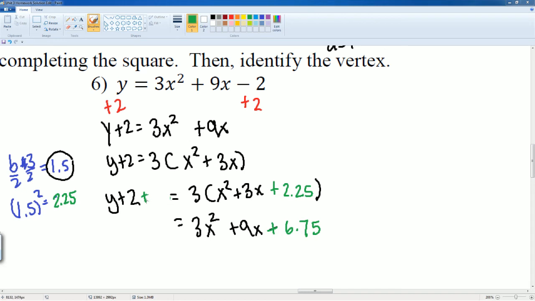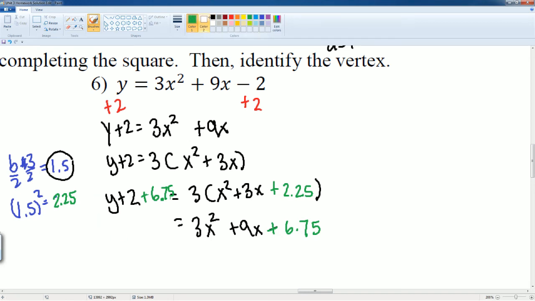So really here you're adding 6.75. Do you see that? Does that make sense? That's what you're really adding. I just wanted to show you the algebra.